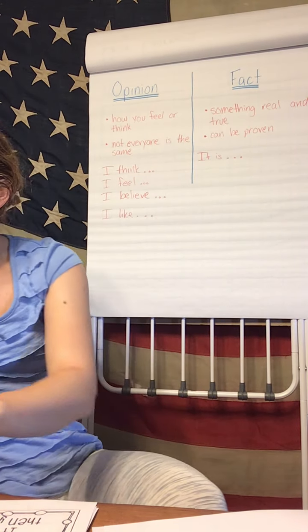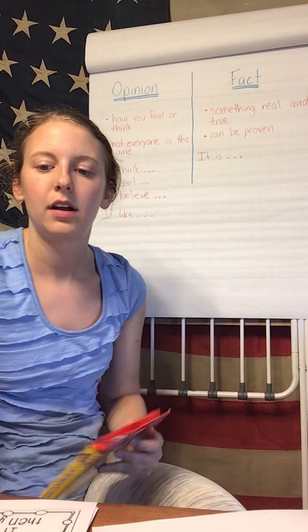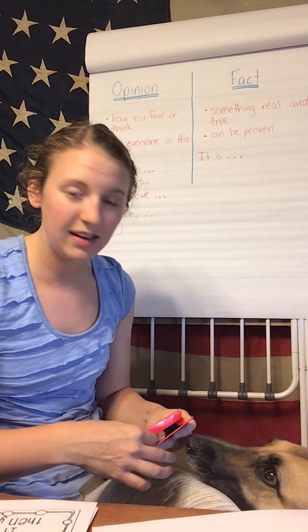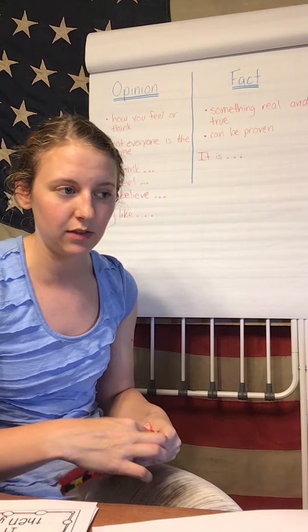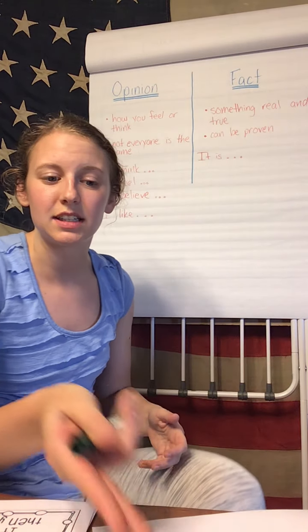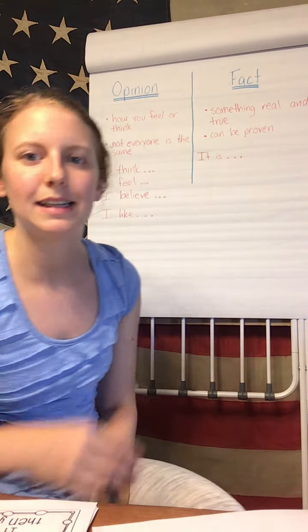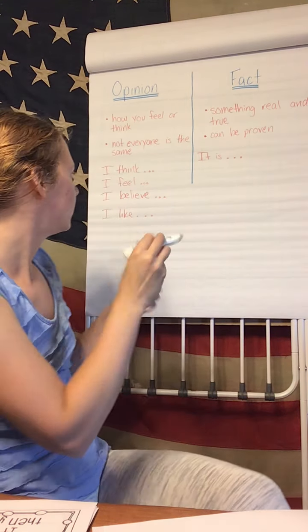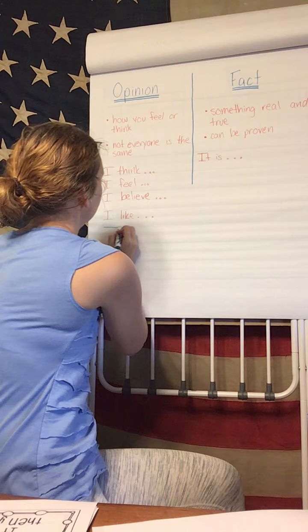So if we're thinking about our story, our opinion isn't something that everybody else believes. Sometimes it's just us. So I'll give you an example. A fact, I'm going to draw a line here.